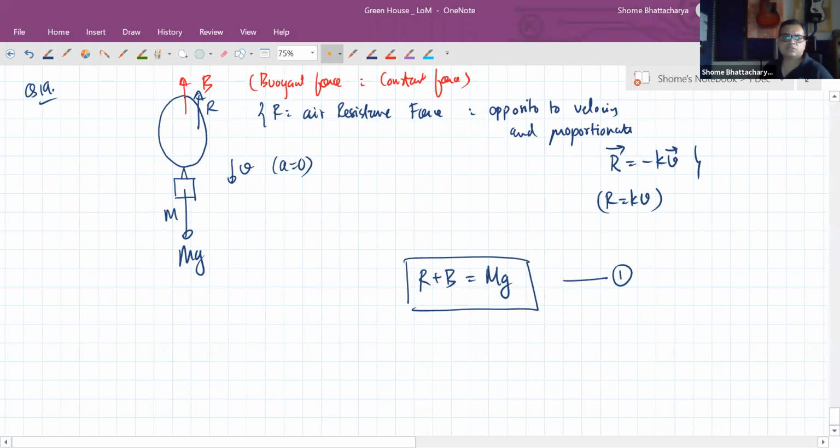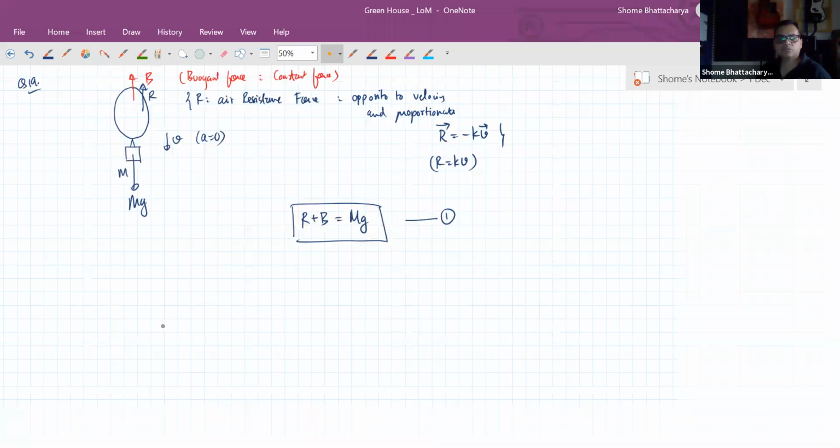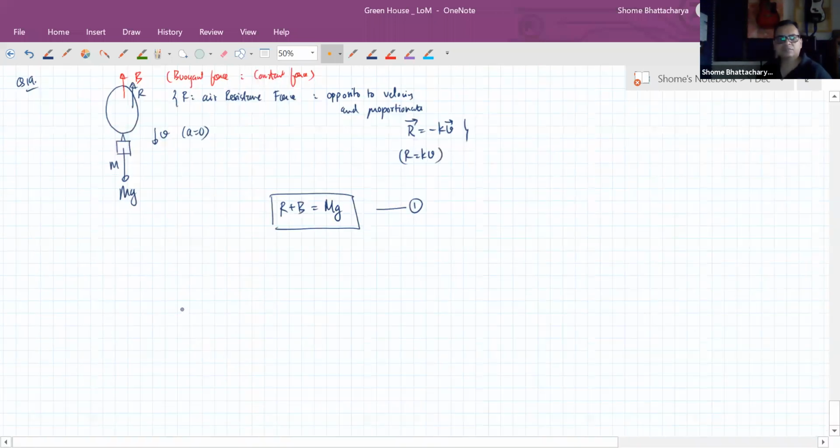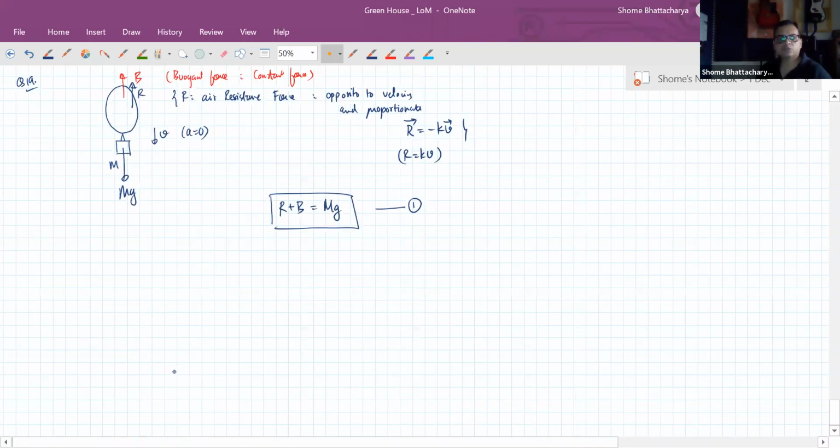Now in the second situation, we are removing some mass from it. And now the same balloon is ascending with the same constant speed. So we've cut out some mass, so now this mass is M minus m prime, let's say. So buoyant force is acting in the same direction because it's a constant force. But this time it is going up with the same velocity.